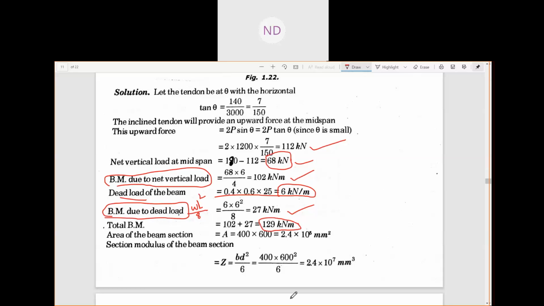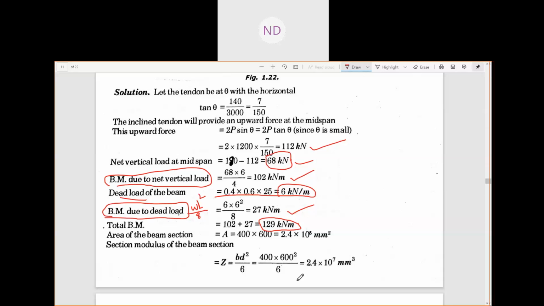Once we know that after counterbalancing, the load which was acting now is a 68 kilonewton point load, and we know the dead load, that is the UDL, along with the point load acting after counterbalancing of the upward thrust due to the bent tendon, we can calculate the total moment. Once we know the total moment, we already know what stresses will be developed.